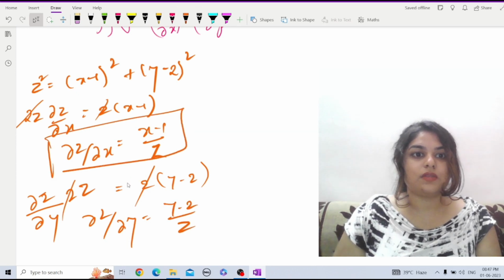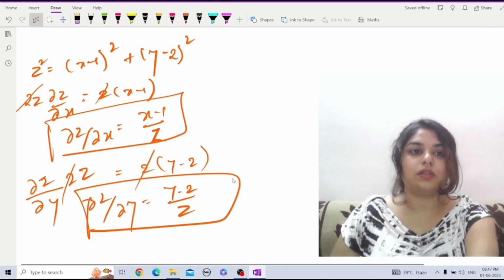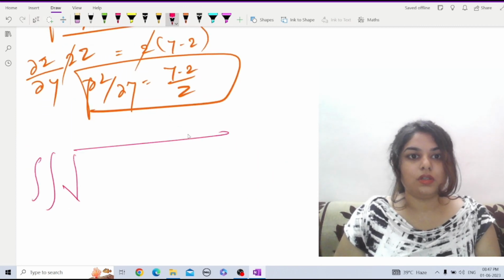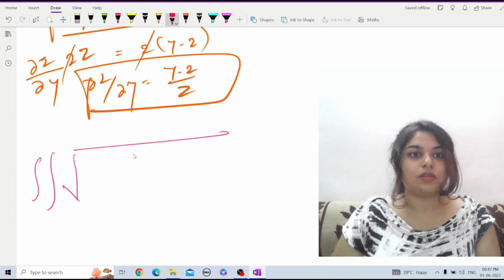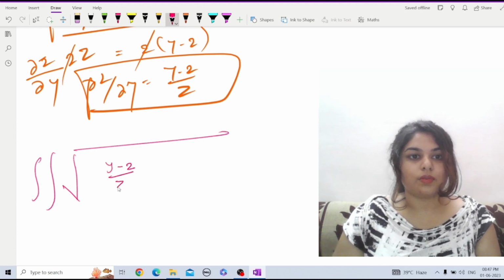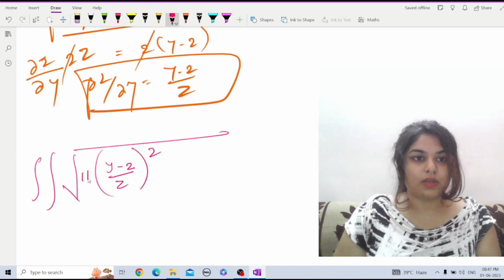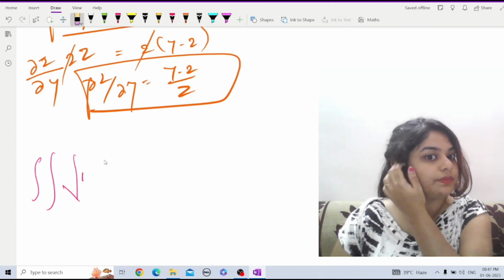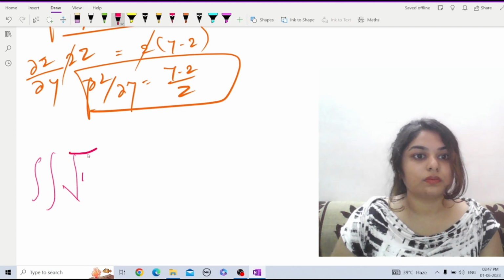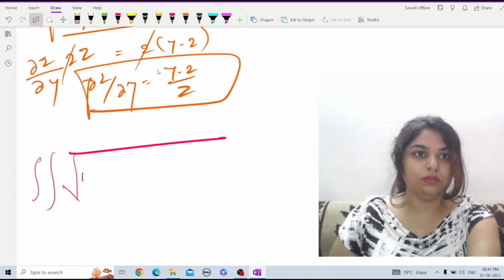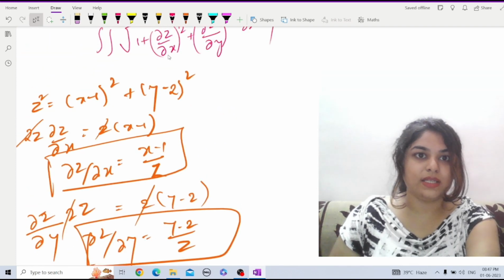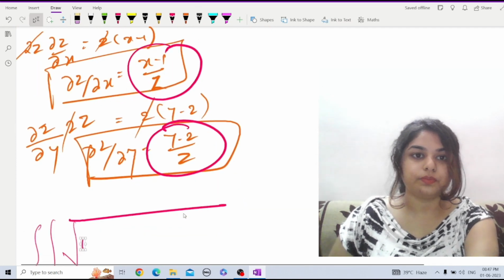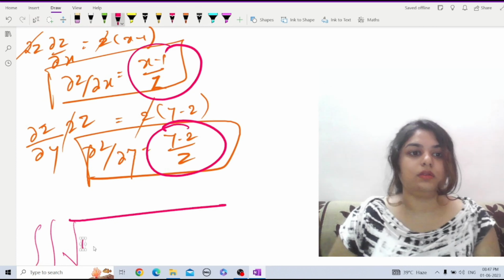Now we will put this value and this value in our integration to find the surface area, where we have this root. First we have to put the value of x, that is 1 plus (delta z by delta x) whole square, and the whole square of this other term.